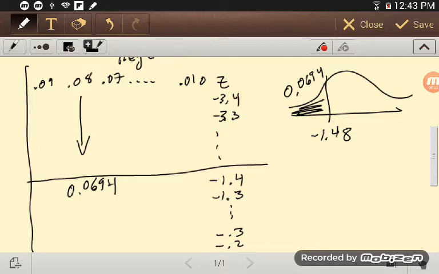It's the proportion of the total population. So it's telling me that nearly 7% of the full population is over here at negative 1.48 and to the left.